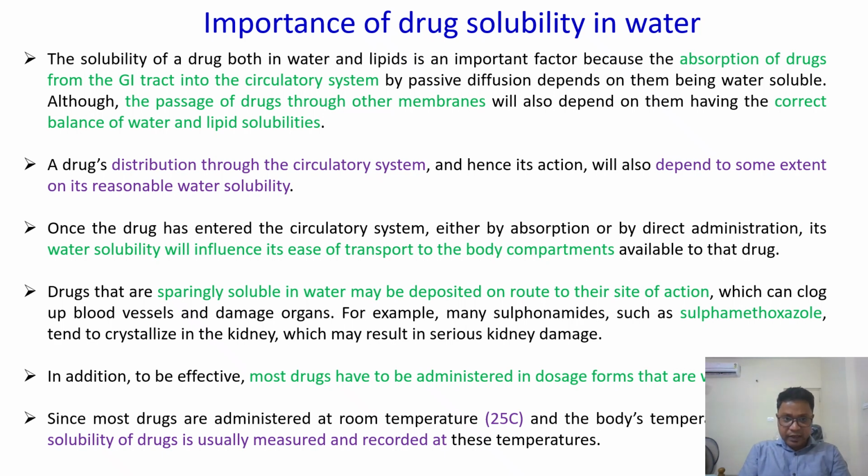In addition, to be effective, most drugs have to be administered in dose forms, and for that, the drugs should be very well water soluble. And since most drugs are administered at room temperature, close to the body's temperature, the drug molecule solubility should be measured at 25 degrees centigrade or room temperature.